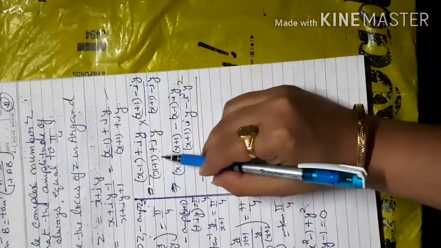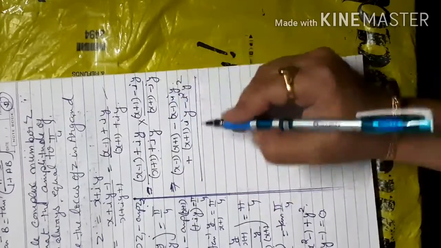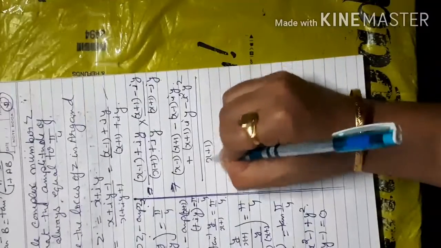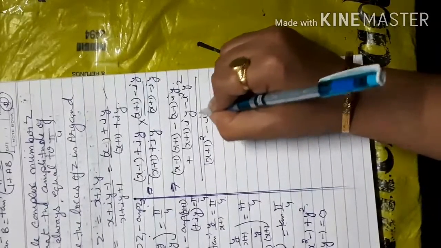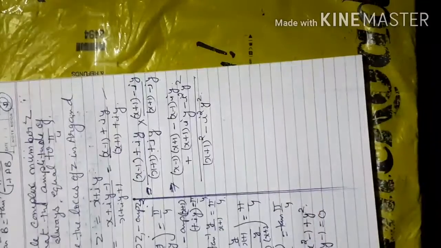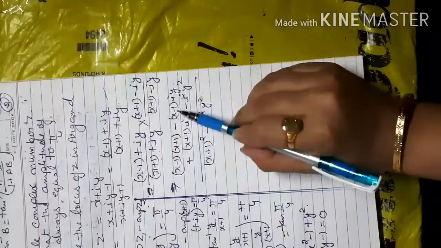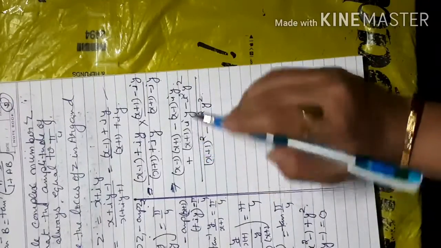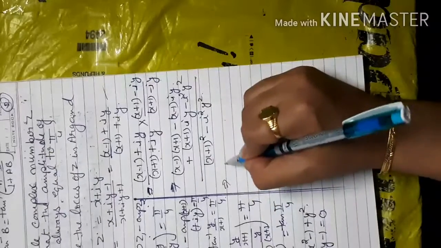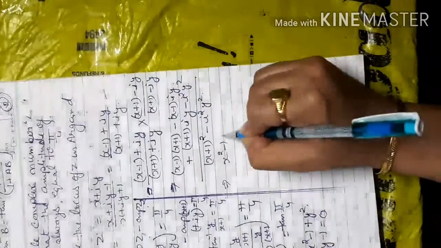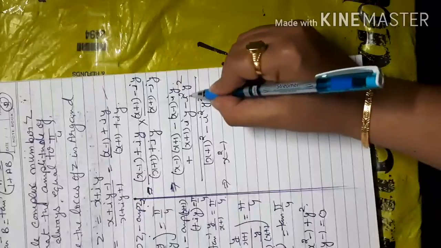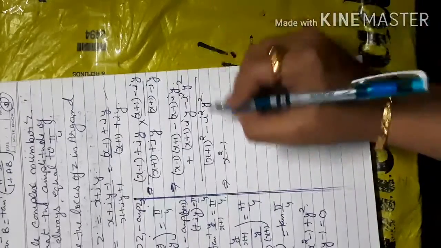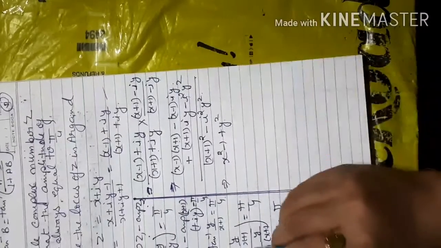and in the denominator will be the a plus b and a minus b formula. So that is x plus 1 whole square minus i square y square. Okay, so when you open this one, this is a minus b, a plus b, so that will be x square minus 1, and this negative becomes positive because i square value is minus 1, so plus y square, I keep it aside.